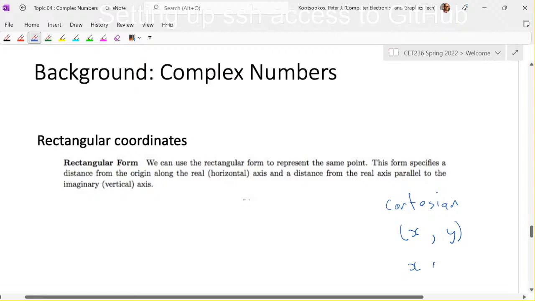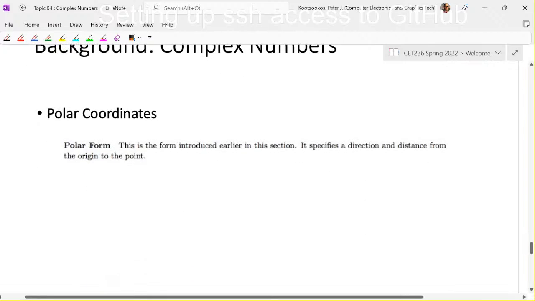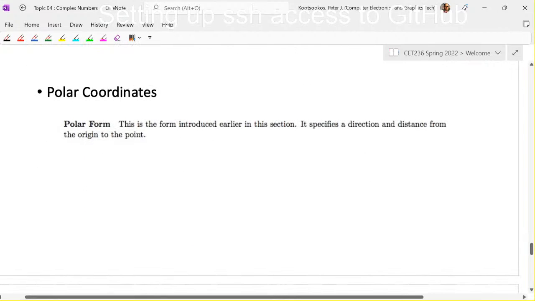Another way to write almost the same thing is x plus jy. Sometimes that's worthwhile, but sometimes you're better off specifying an angle and a magnitude.